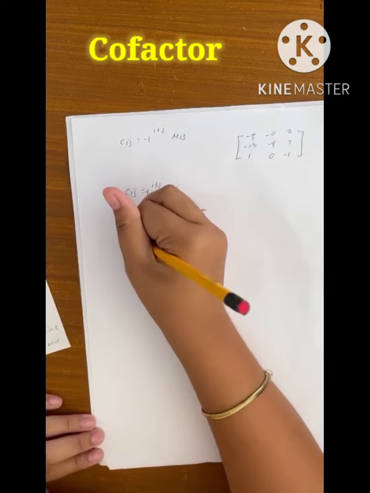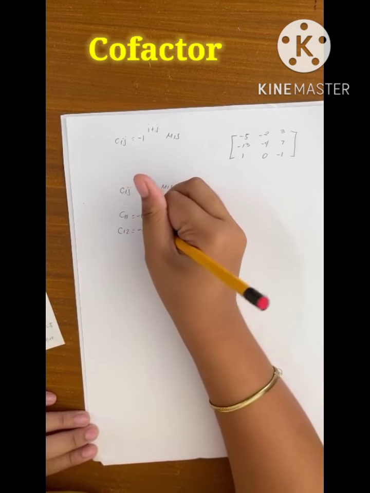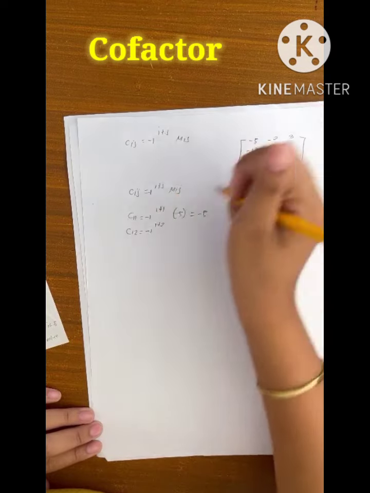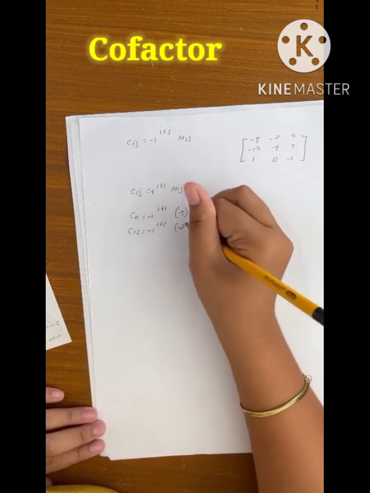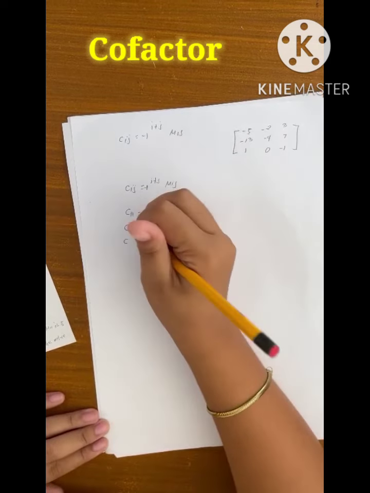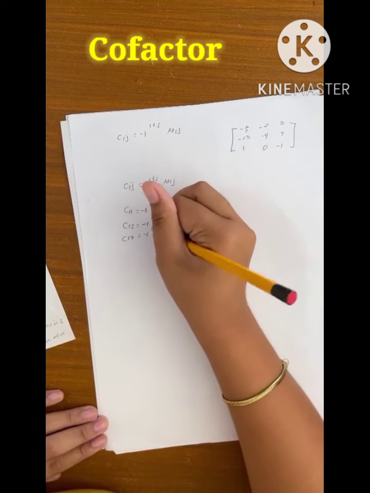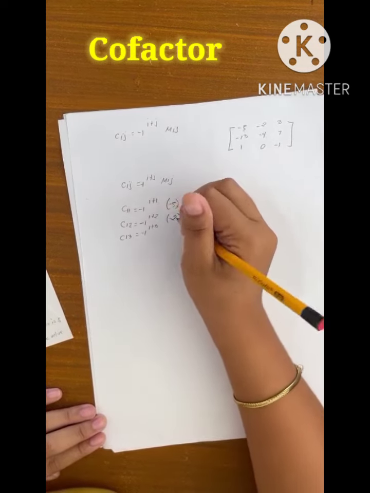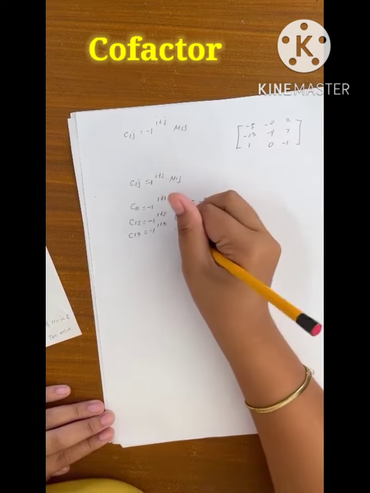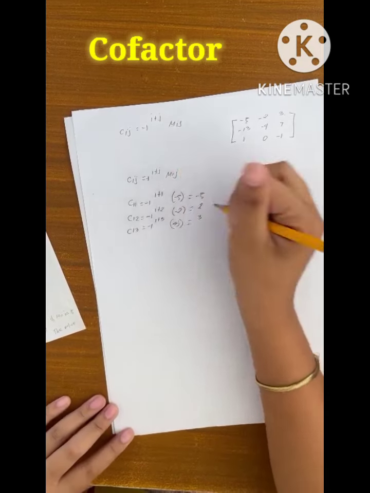So C12 equals negative 1 raised to the power of 1 plus 2, and the M12, which is negative 2, multiplied by negative 2 equals 2. So C13 equals negative 1 raised to the power of 1 plus 3, and the M13 is 3, so multiplied by 3 equals 3.